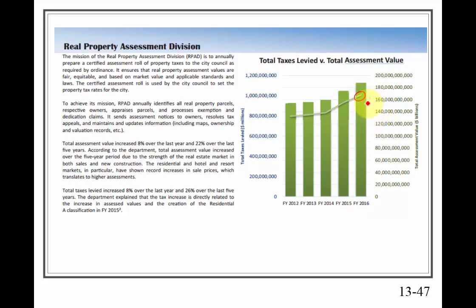And the value of the property is like $180 billion worth. So they don't even have to increase the tax rate that they multiply by. Because the base is increasing, automatically you're going to get bigger taxes collected by the government.